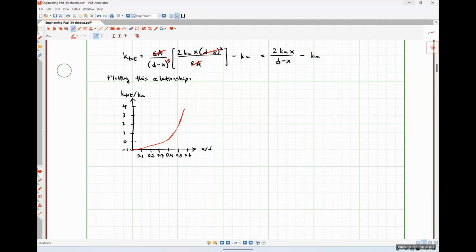Well, this point right here, where the ratio of K total over Km is 0, is our pull-in point. Okay.